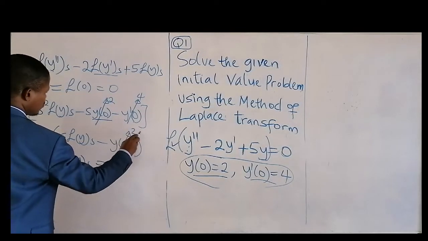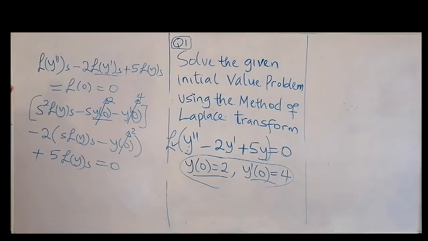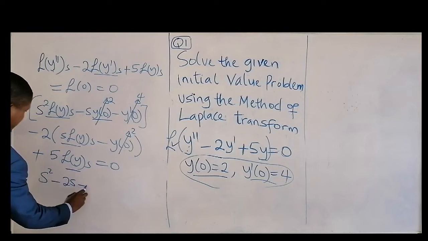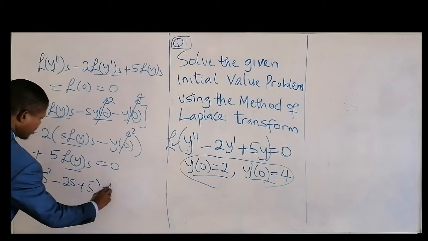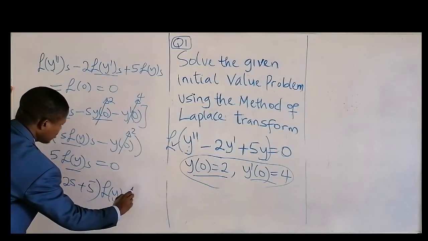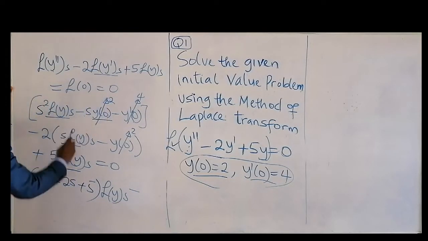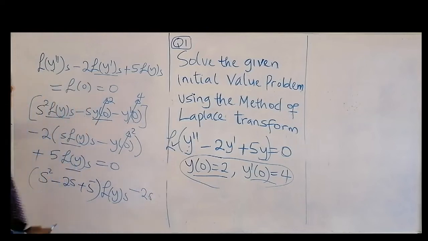But let's begin to factorize the Laplace. Laplace is here, Laplace is here, Laplace is here. Factorize the Laplace. So we have s squared minus 2s plus 5, and take your Laplace outside. Then we have here 2 times this one, that's a minus 2s.